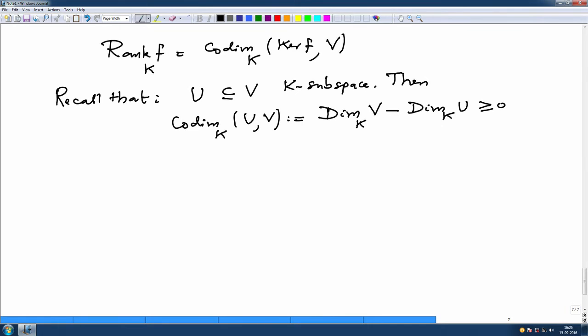Codimension is always bigger or equal to 0. Sometimes it may happen that V may not be finite dimensional, but the codimension of U could be finite.